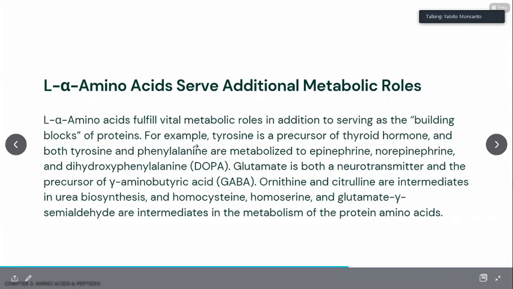And then tyrosine and phenylalanine are metabolized into epinephrine and norepinephrine, and DOPA, dihydroxyphenylalanine.